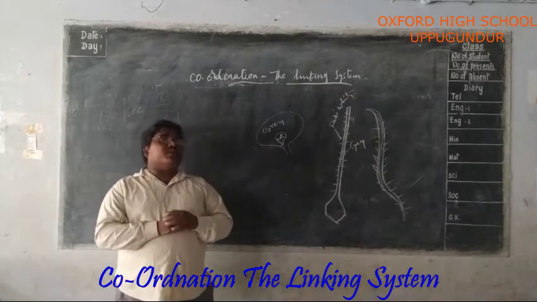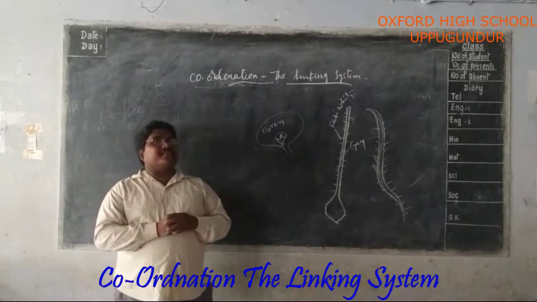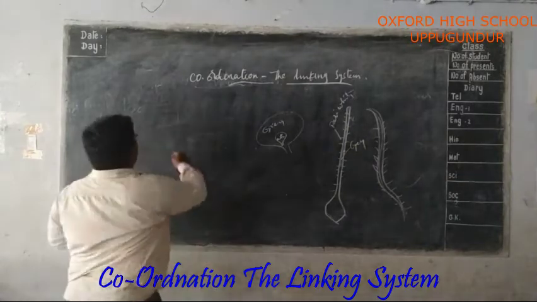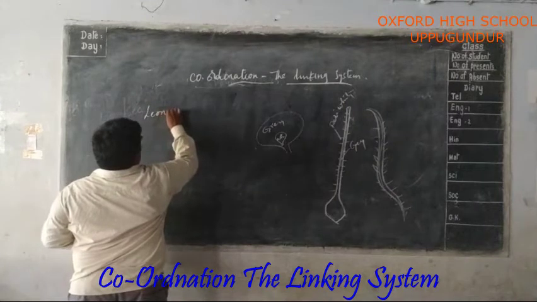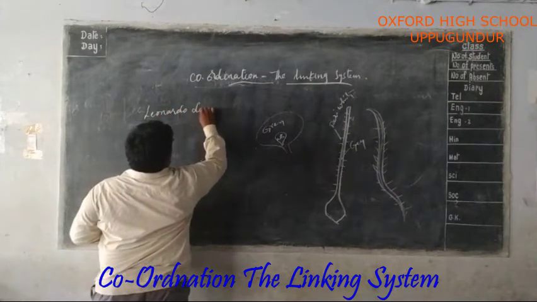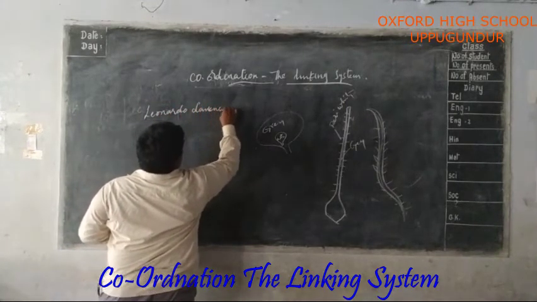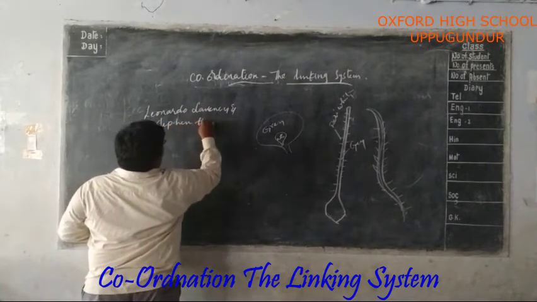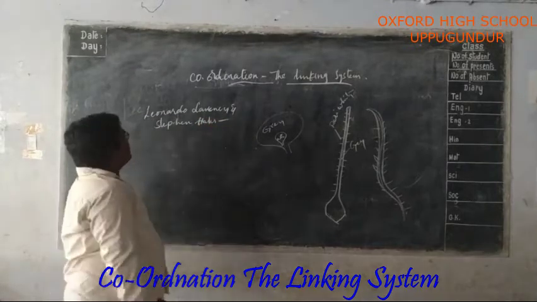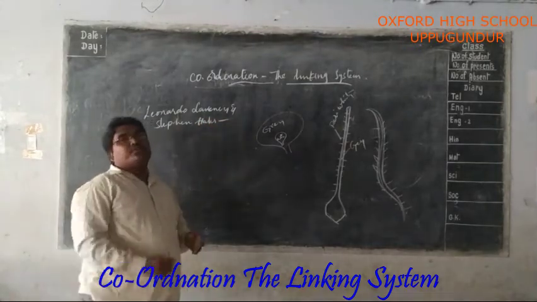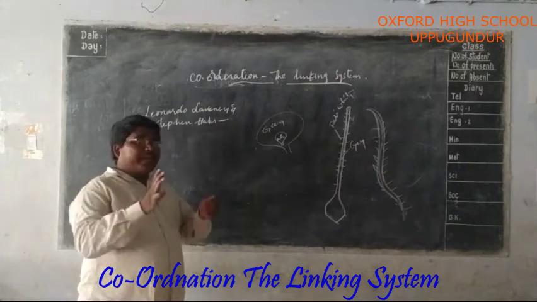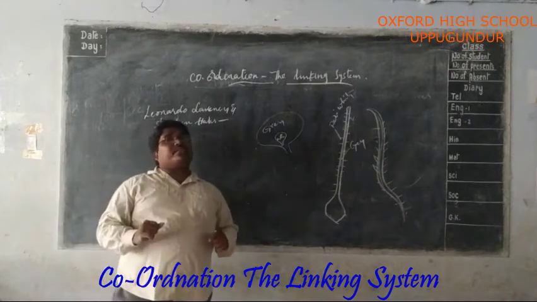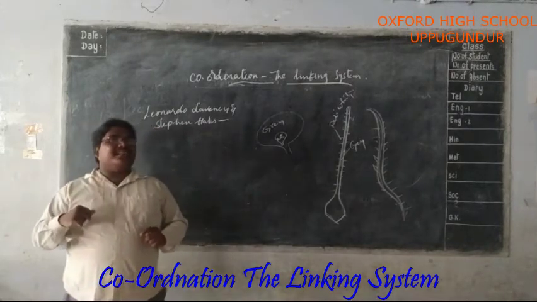This was disproved by two scientists, Leonardo da Vinci and Stephen Hales. The Greek concept, that the brain is the center for all activities, was based on the fact that any damage to the brain shows remarkable changes. It was studied by Galen.